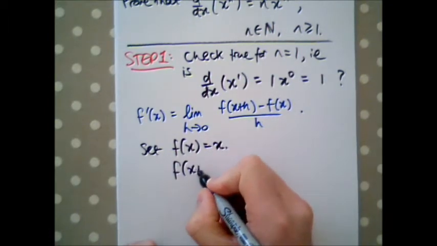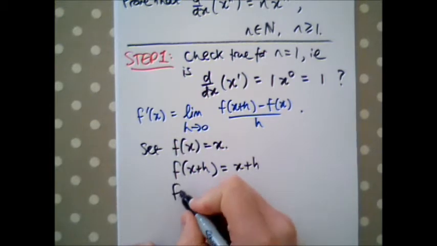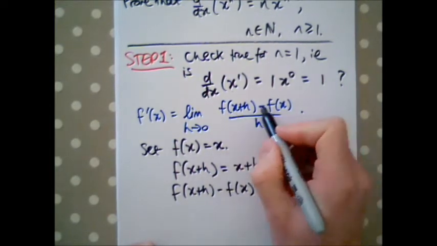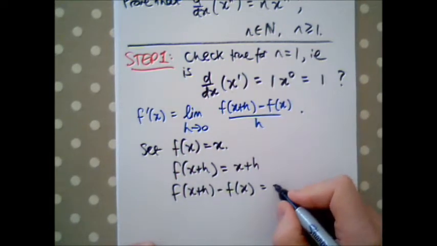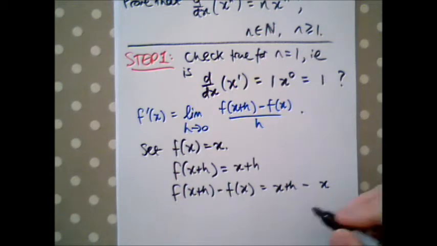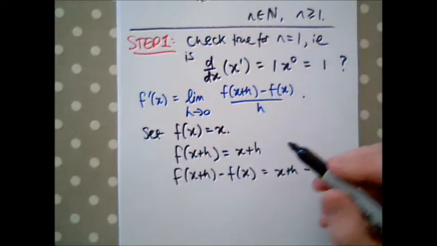So f of x plus h is x plus h. So f of x plus h minus f of x, the top line here is x plus h minus x. The x is cancelled, and that's just h. Alright, so we're just filling in this formula up here.